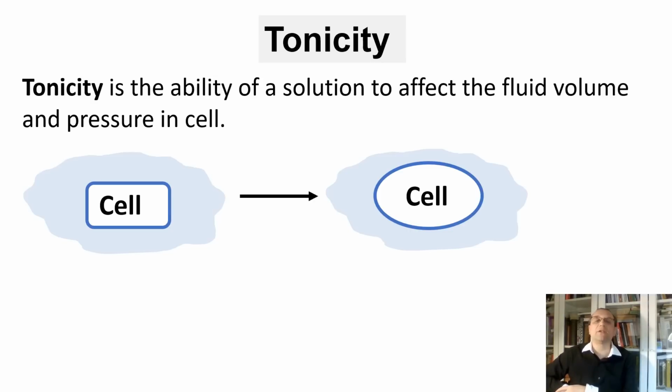The environment that surrounds the cell determines the direction in which water molecules move. The amount of solute in the environment determines the tonicity of the cell. Tonicity is the ability of a solution to affect the fluid volume and pressure in a cell. When there are more water molecules outside a cell than inside a cell, water molecules move into the cell.